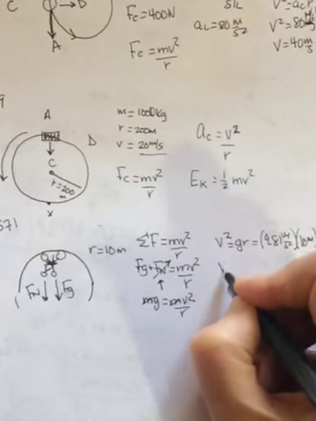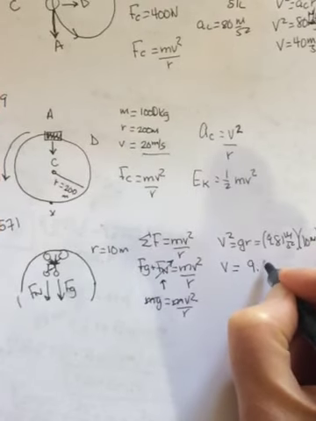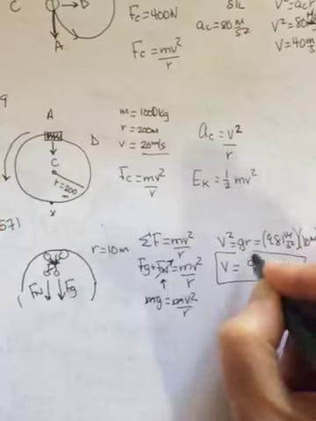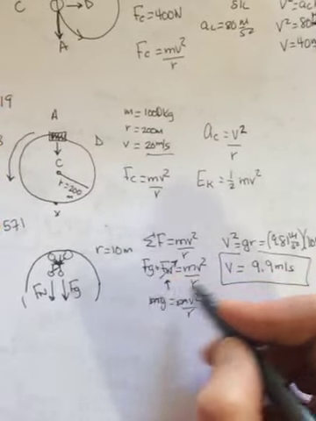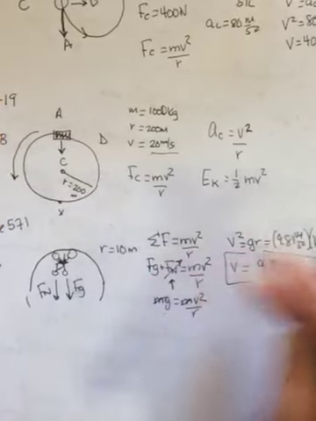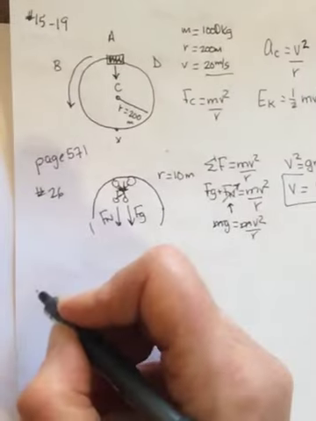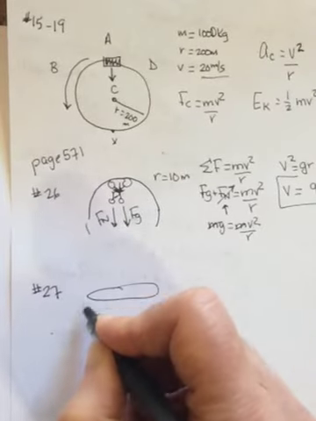Take the square root of 981, and you should get something like 9.9 meters per second. Okay, so not a difficult question if you understand what's going on. And what's going on here is as he slows down, the force that the track's putting on the bike gets less and less.